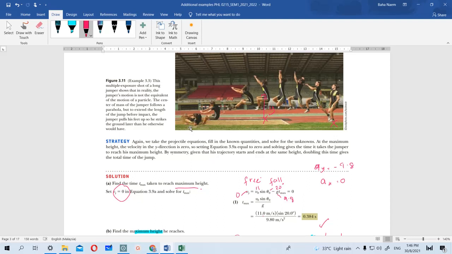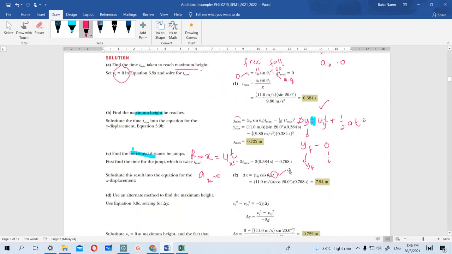But if you substitute T here in the X direction, then you are going to get this X, the whole X that occurred for the time of 0.768 seconds. And for that, you arrive at 7.94. Now, you don't need to remember the expression from the previous survey, but what you did just now is matching in the expression of kinematic.